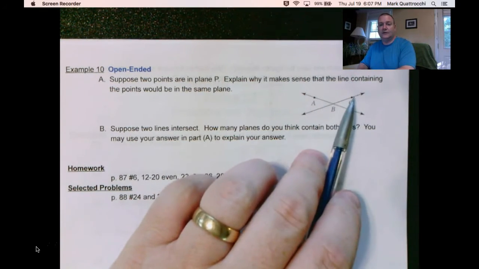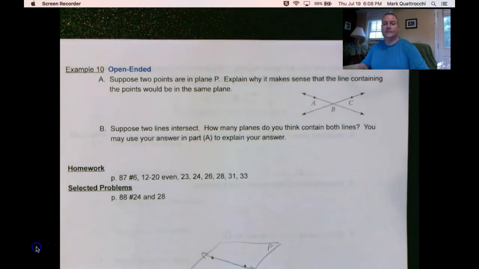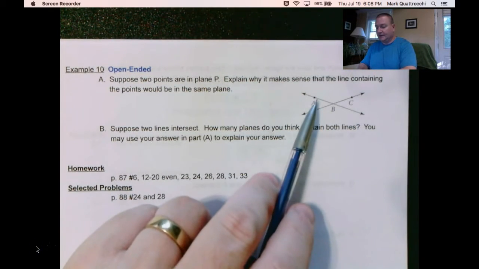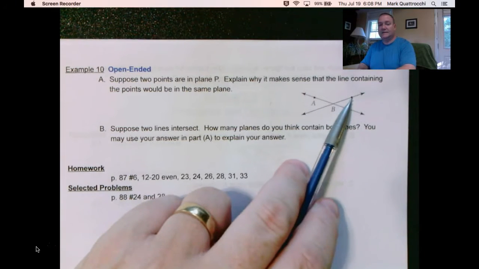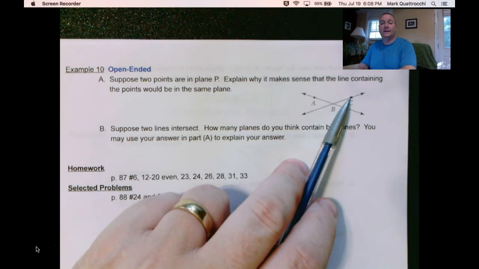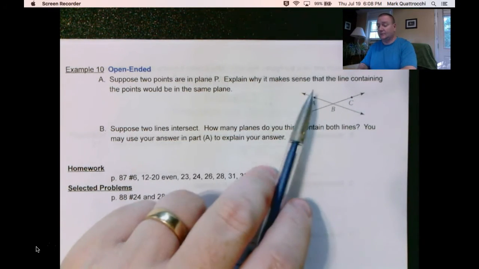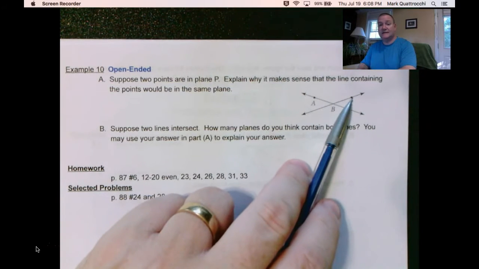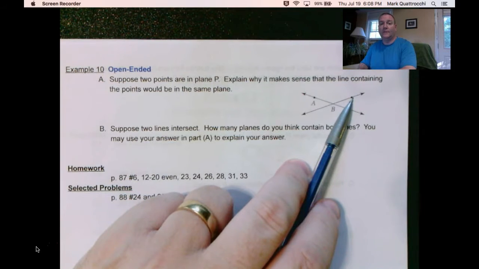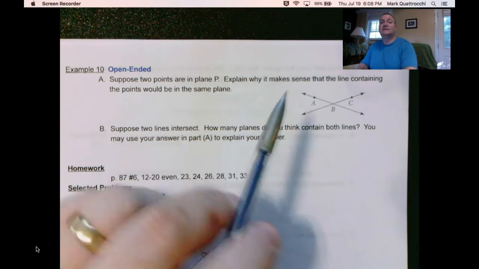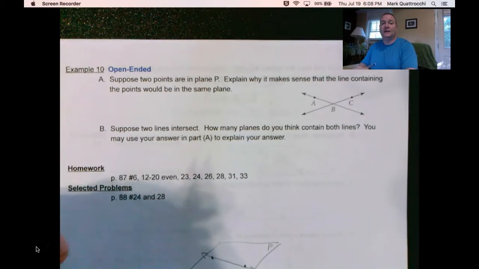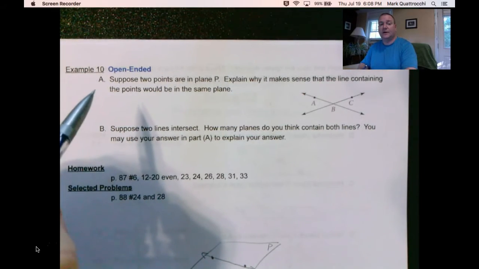Three non-collinear points are the three-point postulate. Points A, B, and C must be coplanar. Okay, so again, points A, B, and C must be coplanar. They have to be contained in one plane. So if they're contained in one plane, then the lines that contain them have to be in that plane because of what we said in part A.